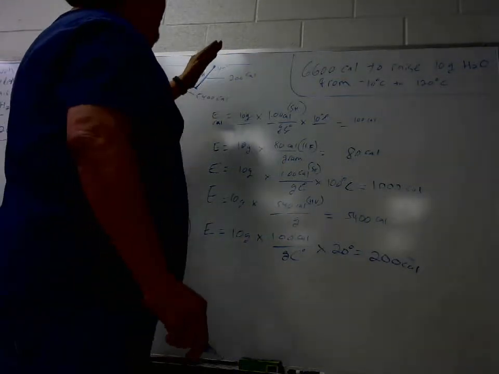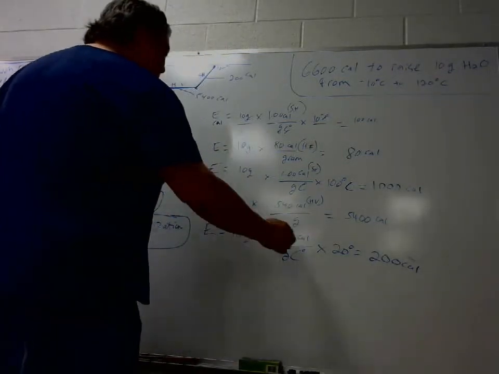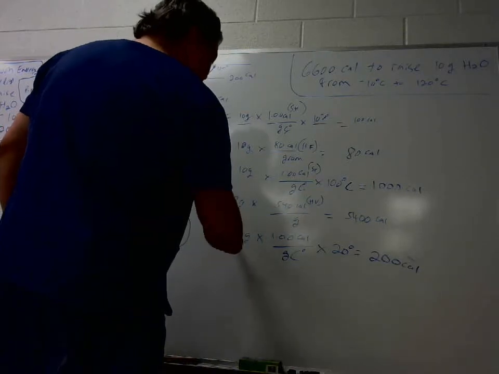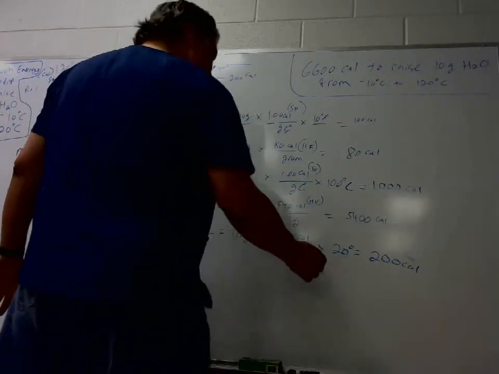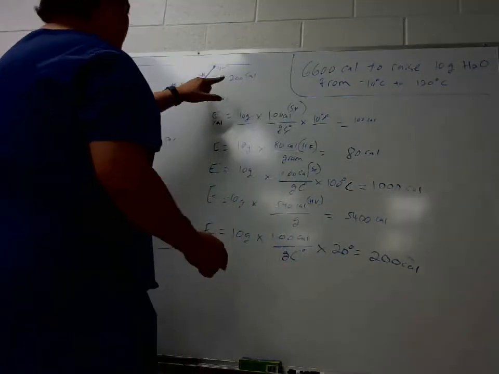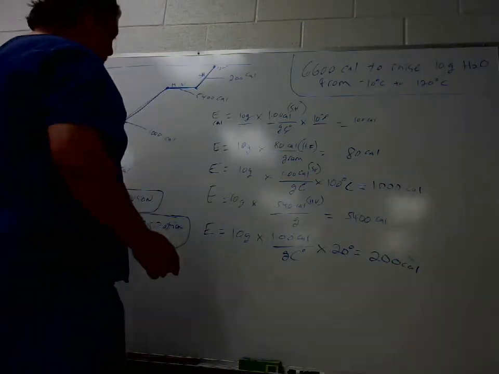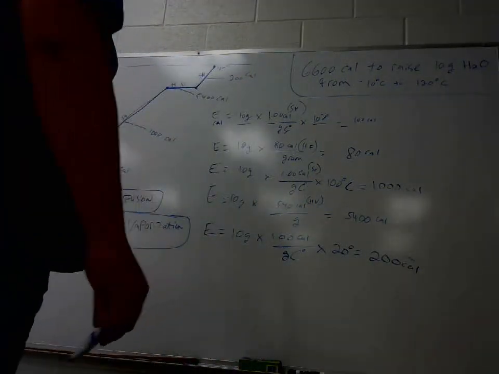And now we're going in steam from 100 to 120. So we go back to our heat formula, which is 10 grams times 1 calorie per gram per degree Celsius times 20 degrees. We're going from 100 degree steam to 120 degree steam. 20 degree delta T for a grand total of 200 calories.